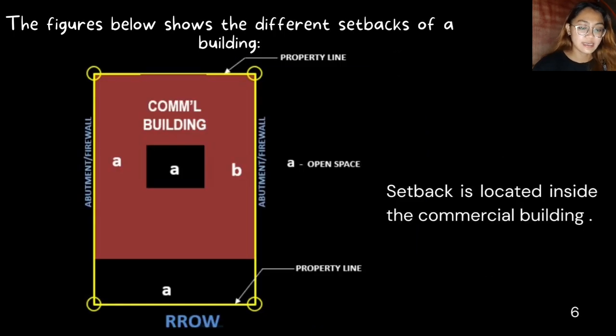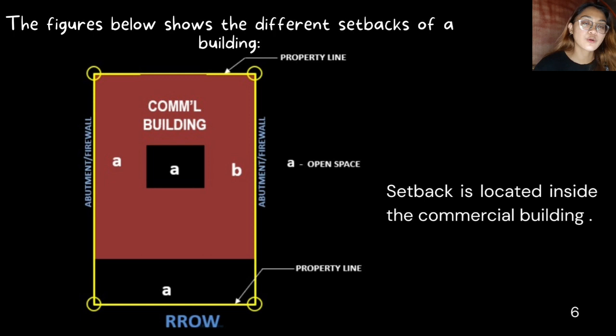And lastly, this illustration shows that the setback is located inside the commercial building itself, providing ventilation only to where it is located. This is usually made to give style to the building.